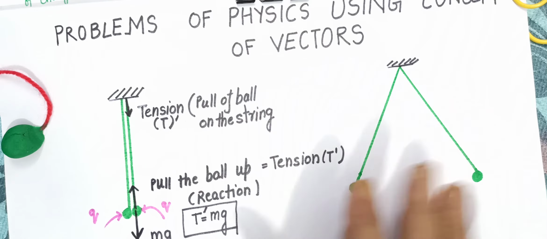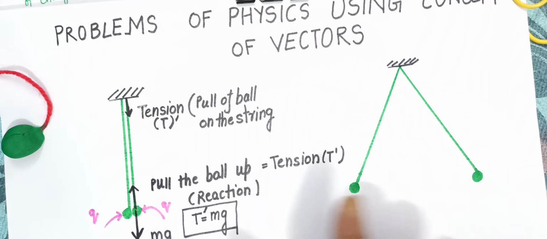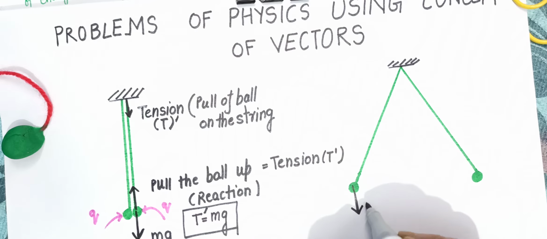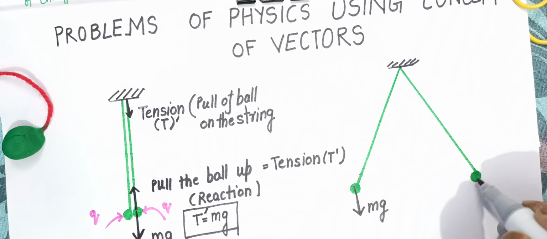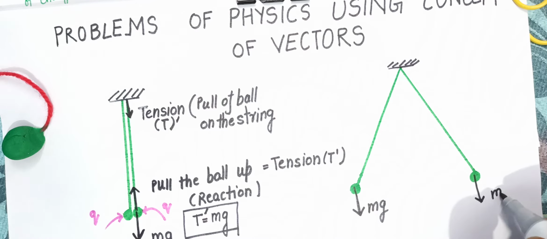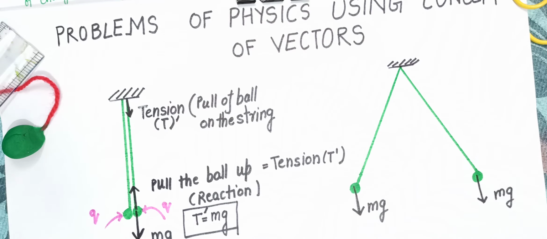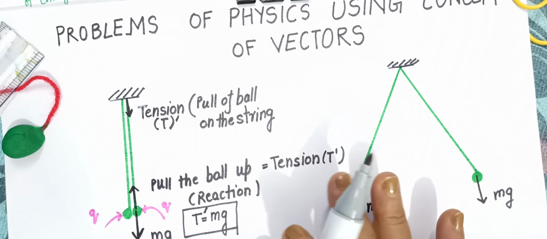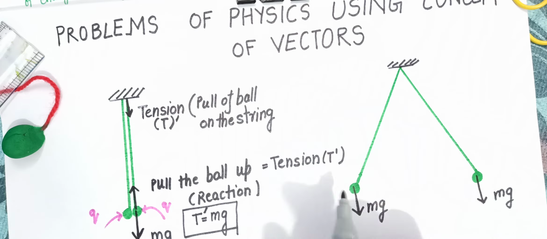Now in the new situation, when the two balls are moving away, the gravitational force is still vertically downward. It will not change its magnitude and direction. Just keep learning the special properties of different forces in the physical world around you. So this force will not change. The repulsive force, as I told you, is always along the line joining the two charges.